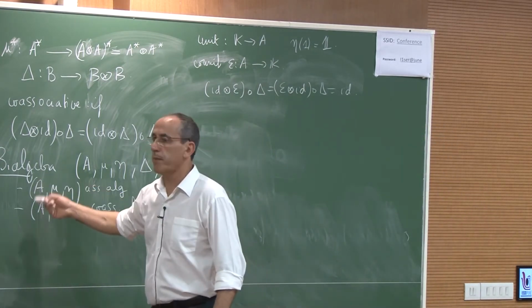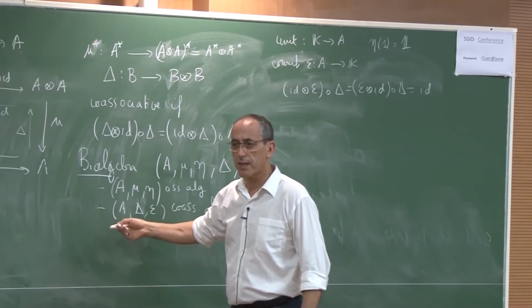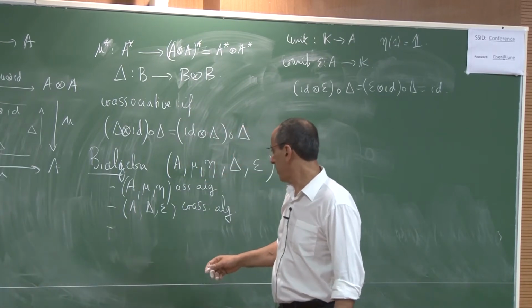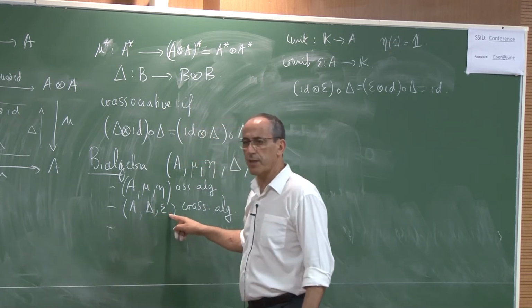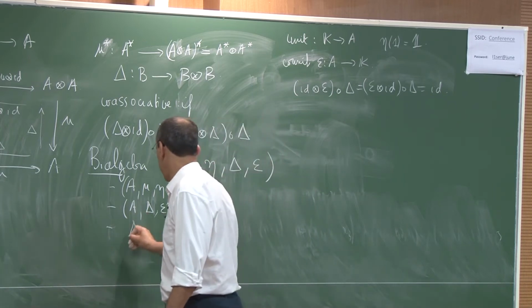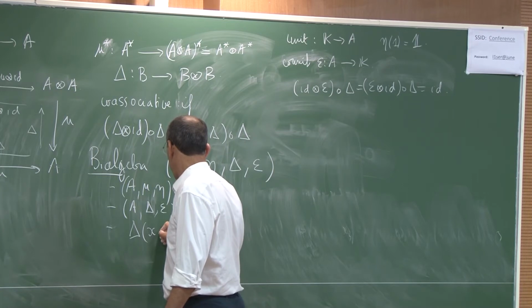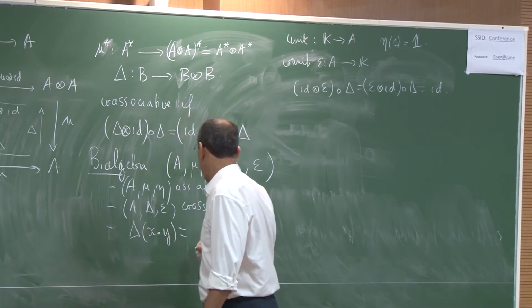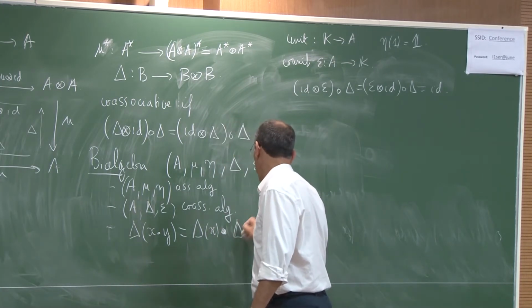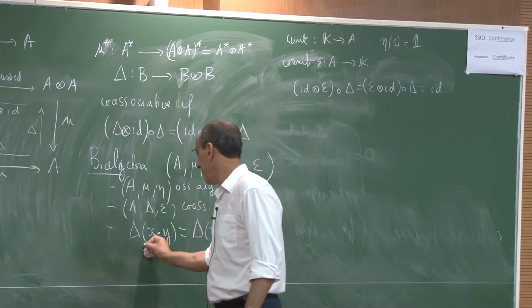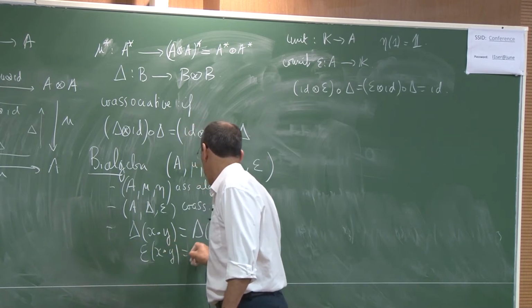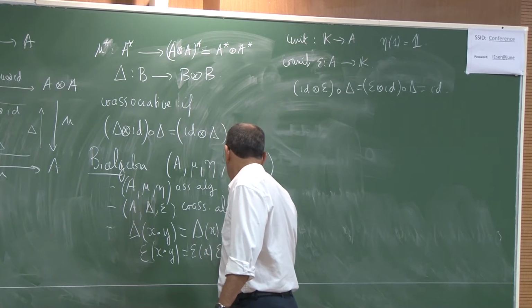And of course, to get this bialgebra, you also need a compatibility condition. This compatibility condition can be stated as: delta and epsilon should be algebra maps, which means that delta of xy is delta of x, with the dot in the tensor product, delta of y, and epsilon of xy is epsilon of x times epsilon of y.